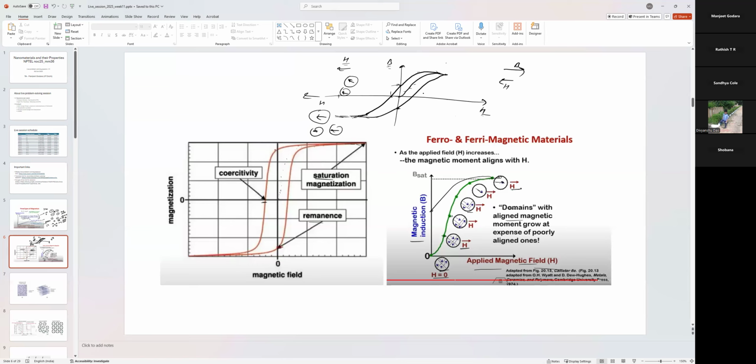What are soft and hard magnets? It's just about the area of the square. Soft magnets have a smaller area.